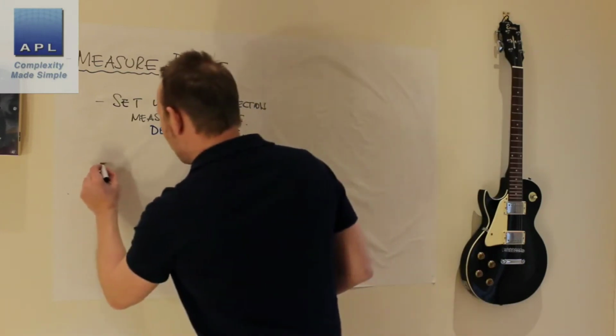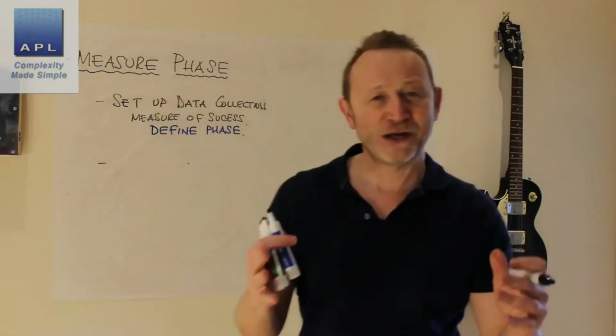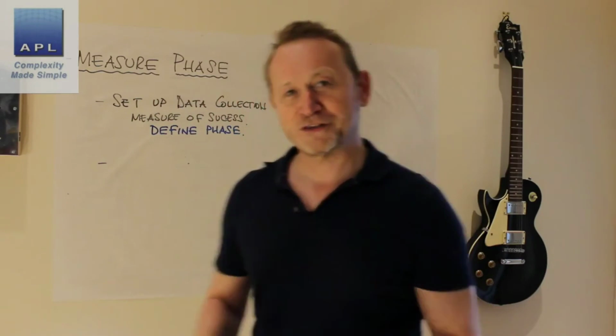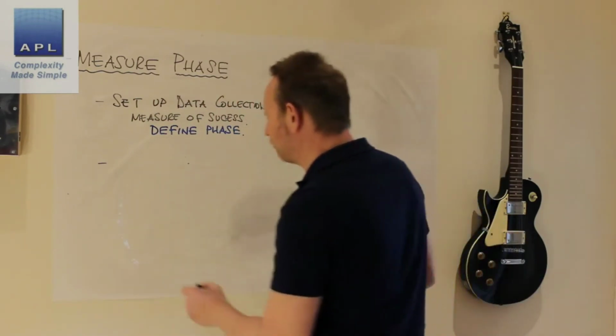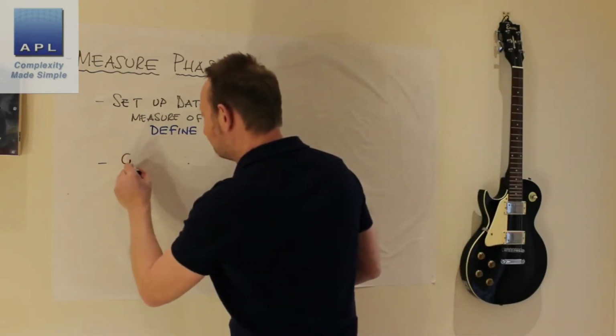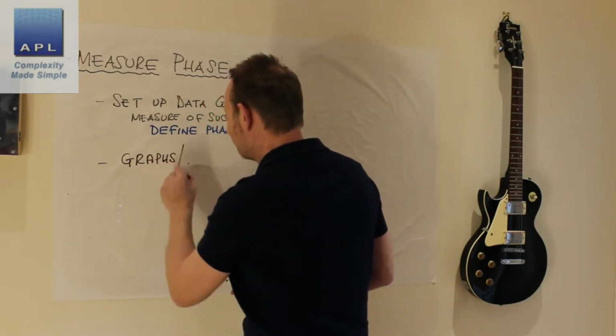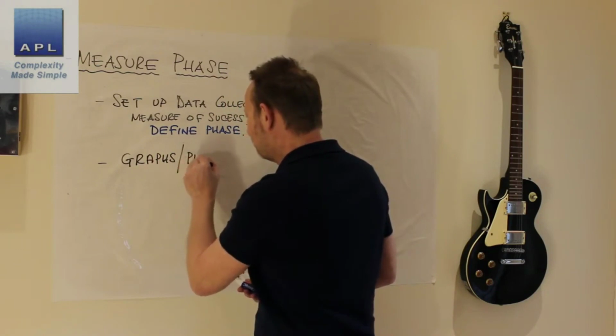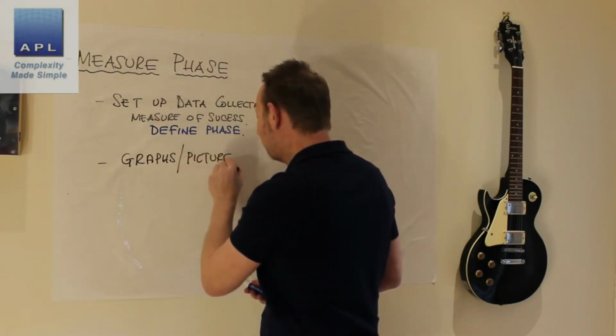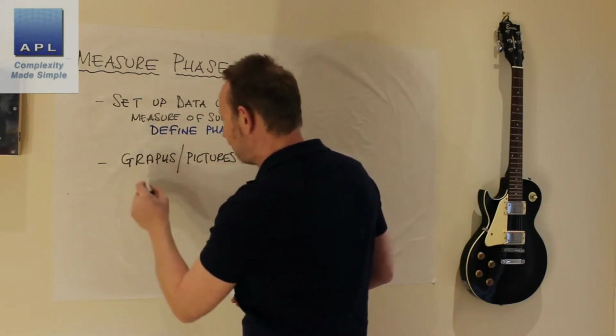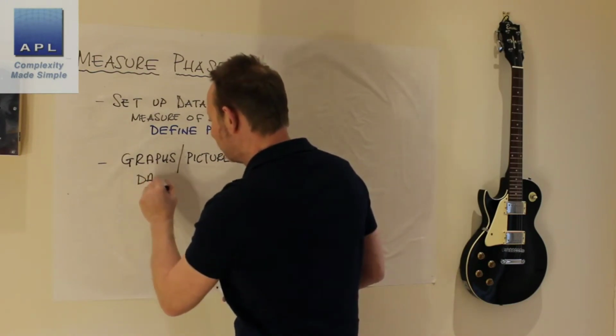Let's say you already have a measurement set up. Well, what's one of the things you want to be doing at the measurement phase? Well, one of the things, you might want to generate some graphs or some pictures, which you don't currently do. So what you might have currently is just data.